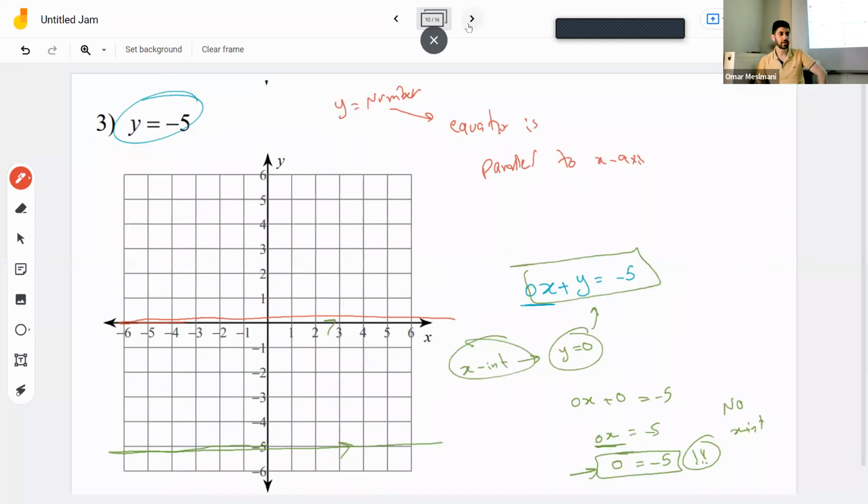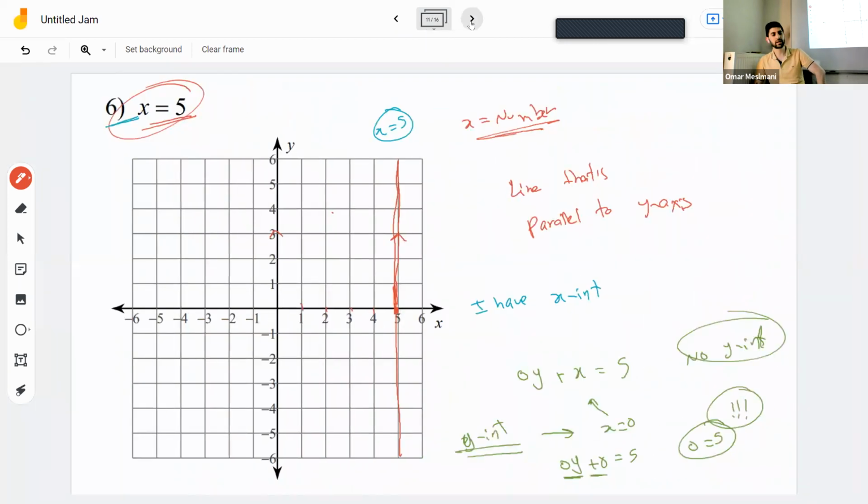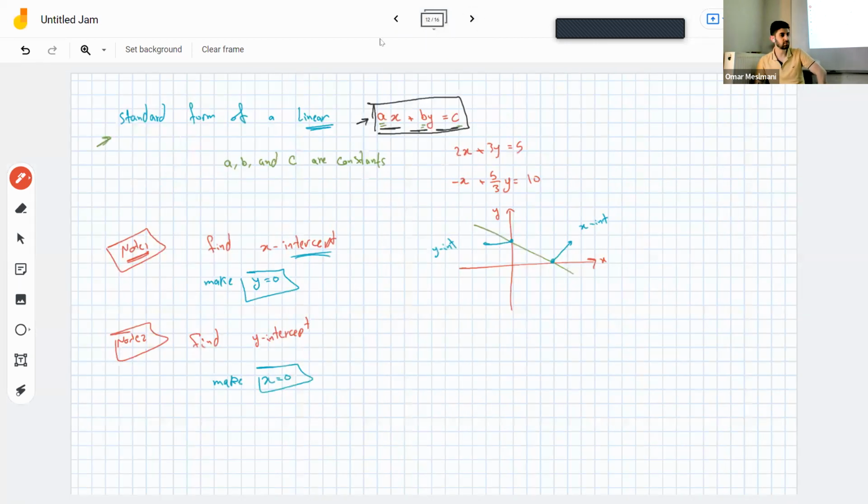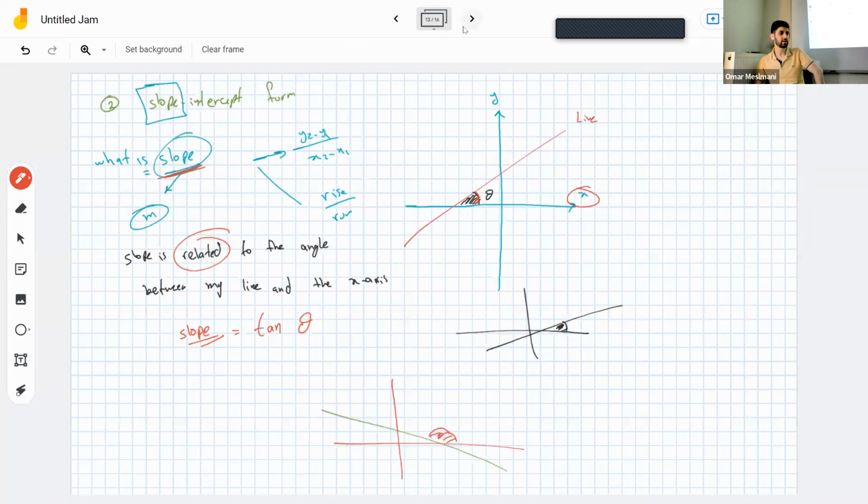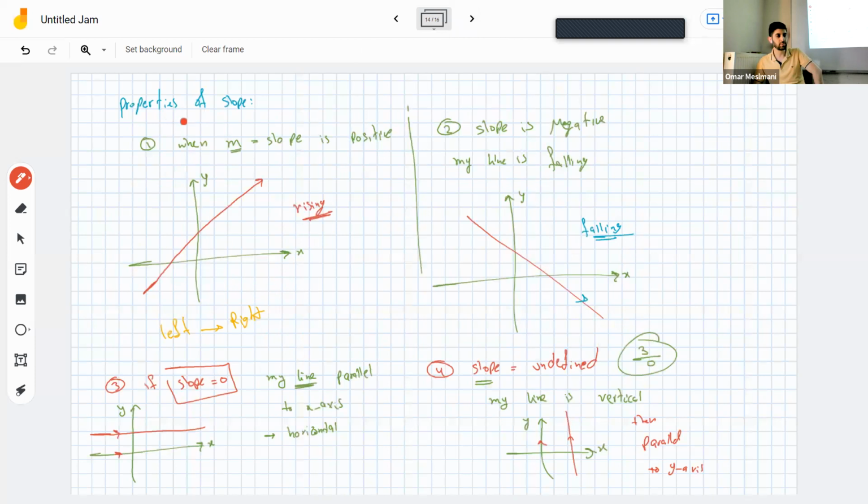We solved an example and another one, and then I talked about the standard form, and about the x-intercept and the y-intercept when asked for them. Then I talked about the slope-intercept form. We talked about the slope and what it represents, and the relationship between the slope and the direction of the line.